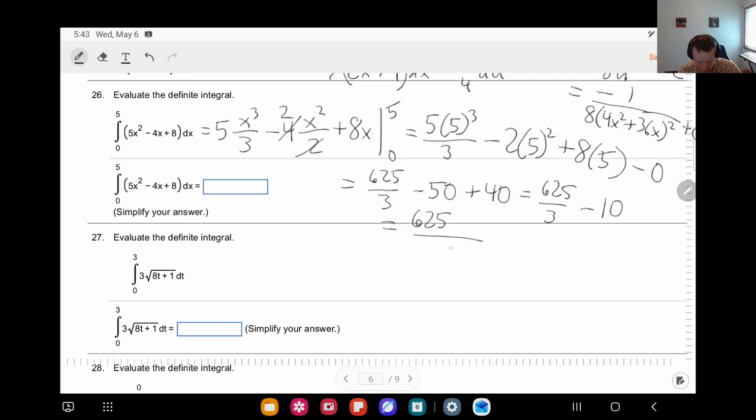So rewrite 10 as 30 over 3. And then we can put all that together. So if you subtract 30 out of 625, you get 595 over 3. And yes, that is the correct answer. That's exact.